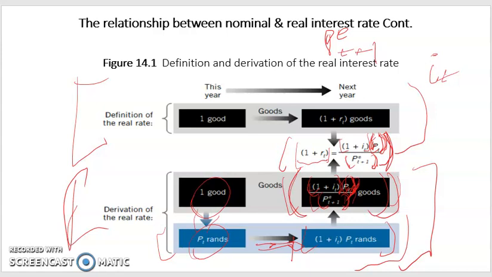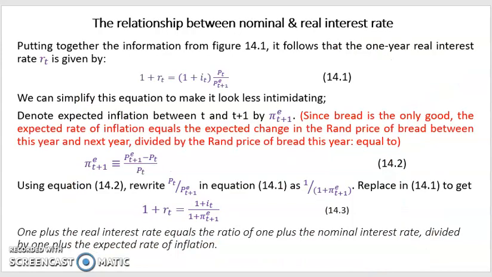Putting together what we see in both the top part and the bottom part of the figure, it follows that the 1 year real interest rate is given by equation 14.1.